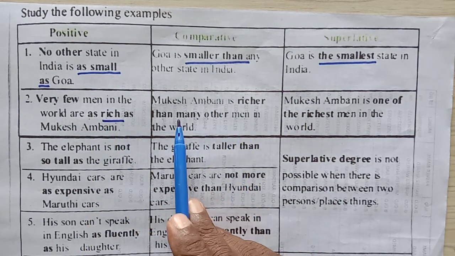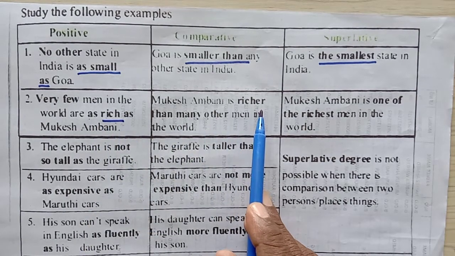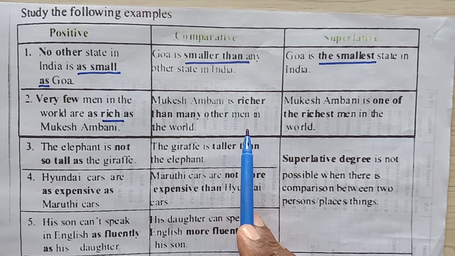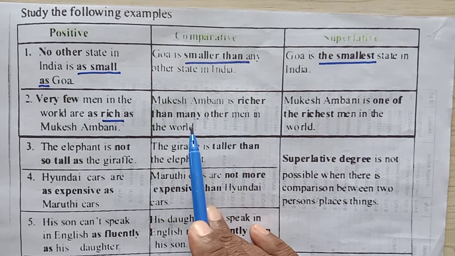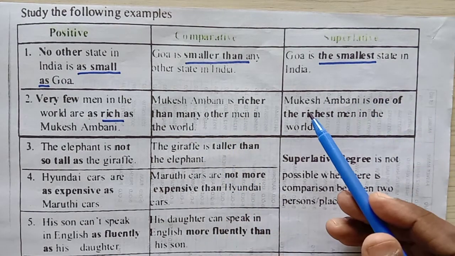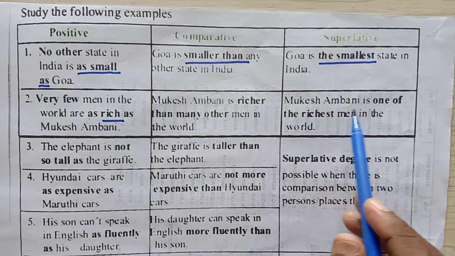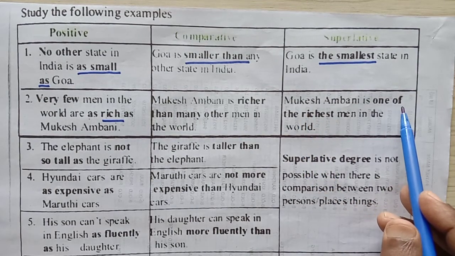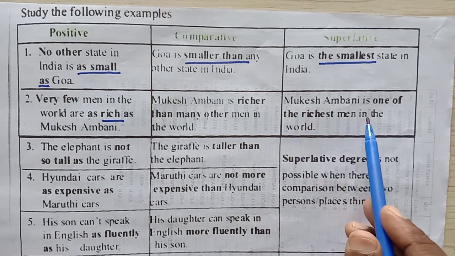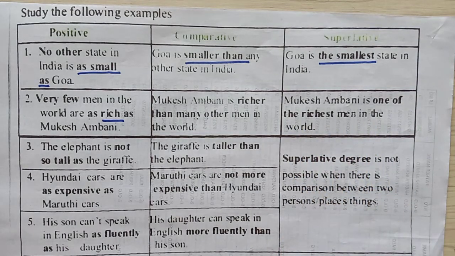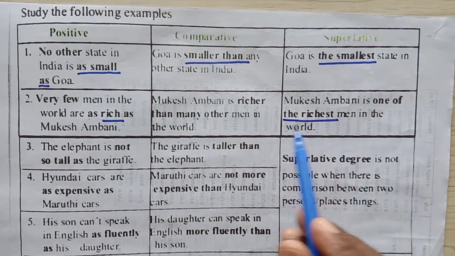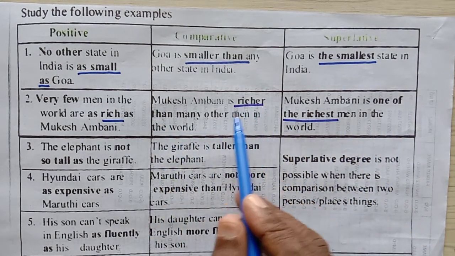Then, Mukesh Ambani is richer than many other men in the world. Okay, next: Mukesh Ambani is one of the richest men in the world. See, this is a superlative form and this is a comparative form.